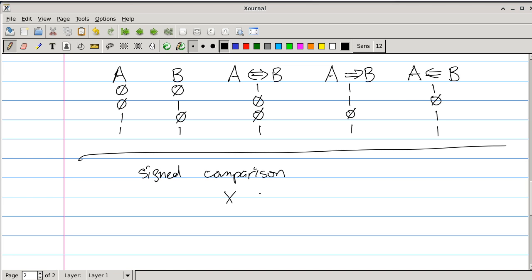All we want to do is confirm whether the value of x is less than the value of y. I'm not going to use v of x and v of y anymore because that's a lot of extra notation. So when you see this, I'm looking at the signed value represented by x being less than the signed value represented by y. Are we good so far?